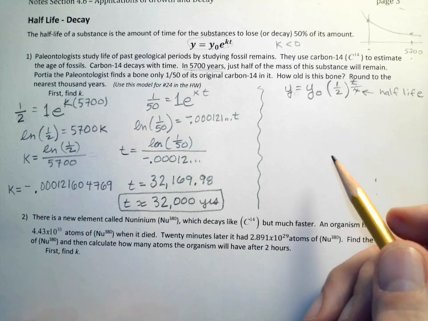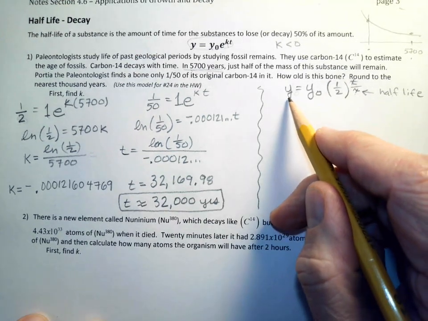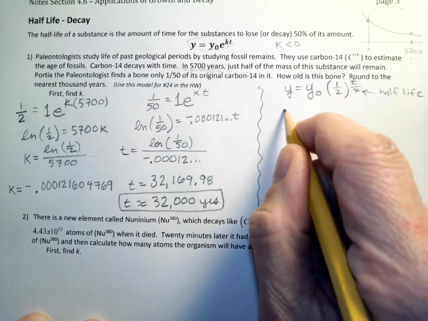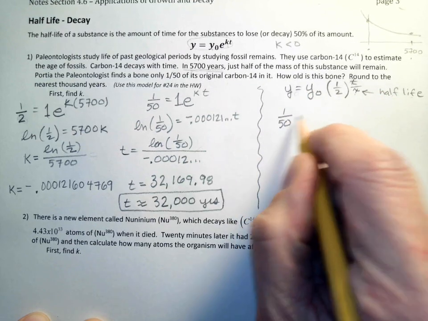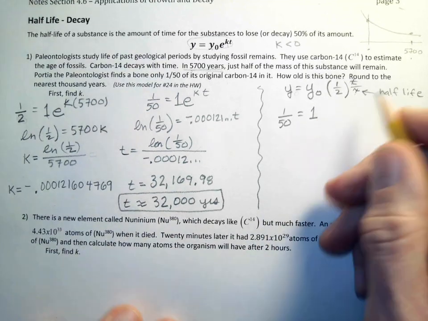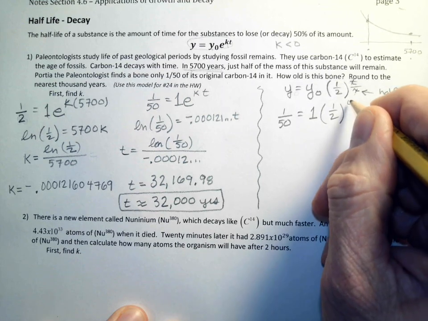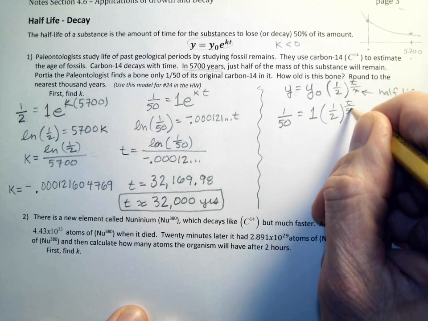But in this case, they gave us the half-life. We know the final amount. We know the initial amount. So 1/50th equals the initial amount of 1 unit, whatever that is, times 1/2 to the t divided by 5,700.